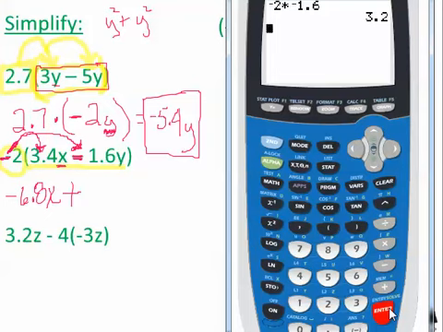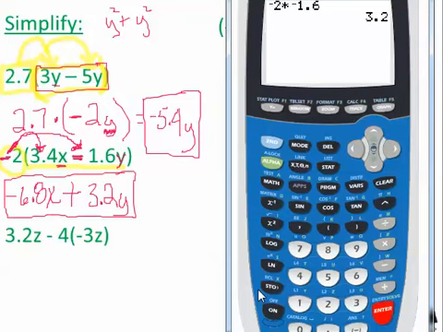Now I just need 1.6 times 2. I could have put in my calculator negative 1.6 times negative 2, but I didn't bother. I simply knew that it would be positive, and then I said 3.2 is the number I get, and this y needs to fall down here. Lots of students who get this far then mess it up.